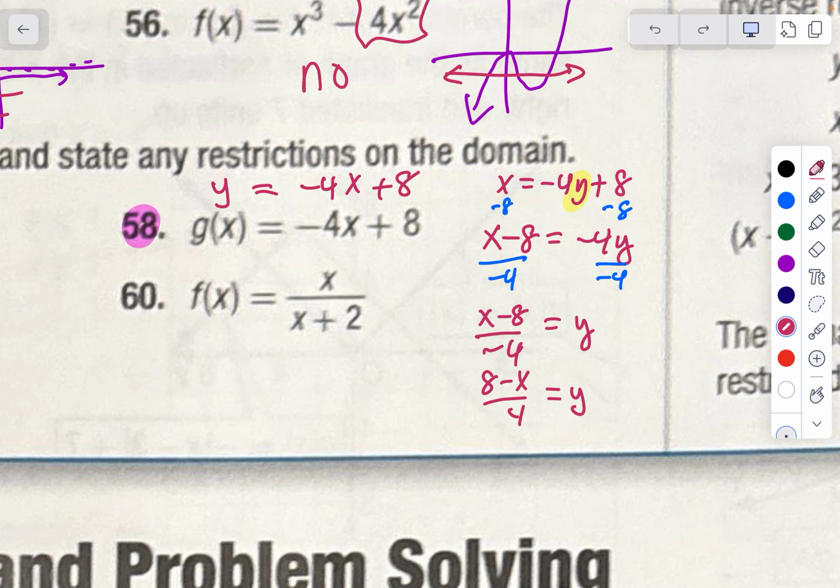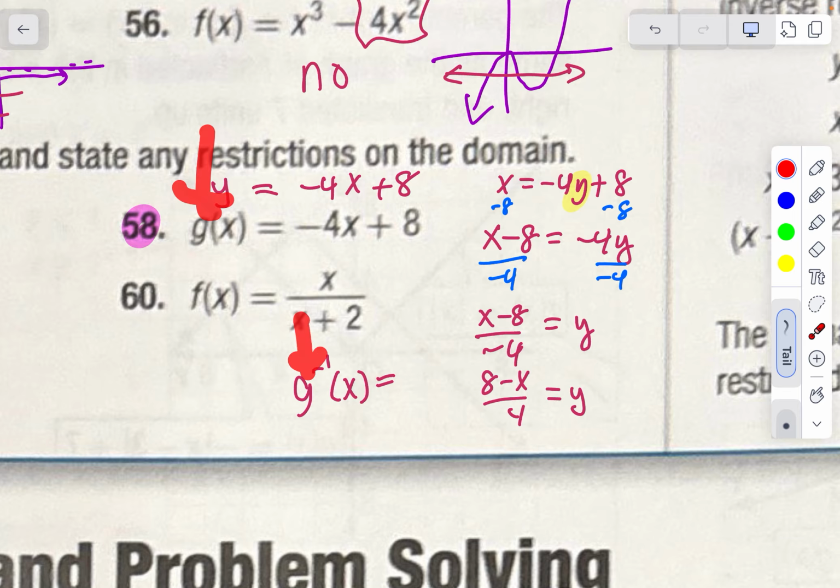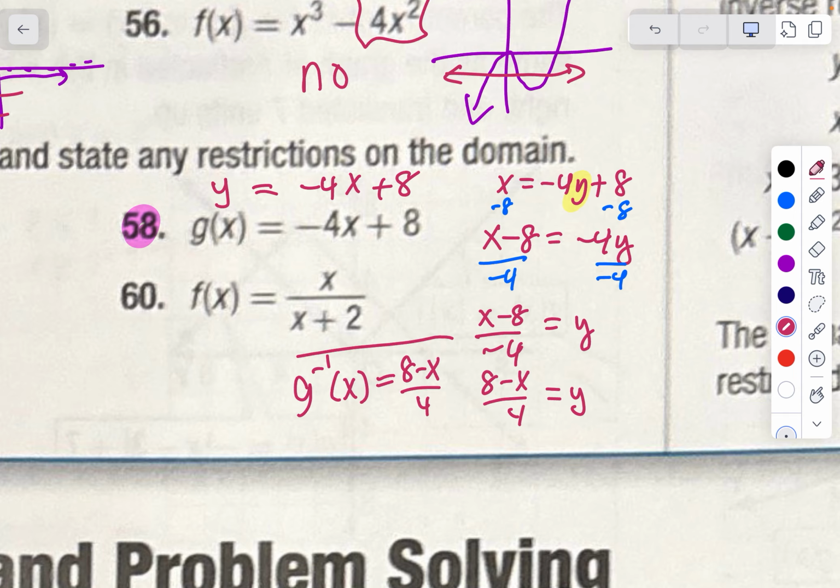You shouldn't mathematically leave a negative in your denominator. If you multiply the top by negative 1, it switches the subtraction, which is kind of interesting. And then you just write it as an inverse. The inverse notation just puts a negative 1, since they called it g, we just say g with a little negative 1 notation. That just means, hey, I found the inverse. And then we write it. And that is your answer.